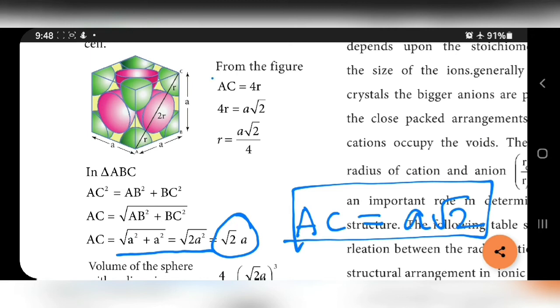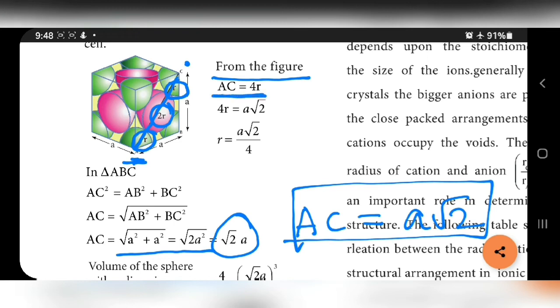And from this figure, AC, here A and here C. In this line AC is equal to 4r, because for this corner atom 1 radius, for this corner atom 1 radius, and for this central atom 2 radius, totally 4 radius.